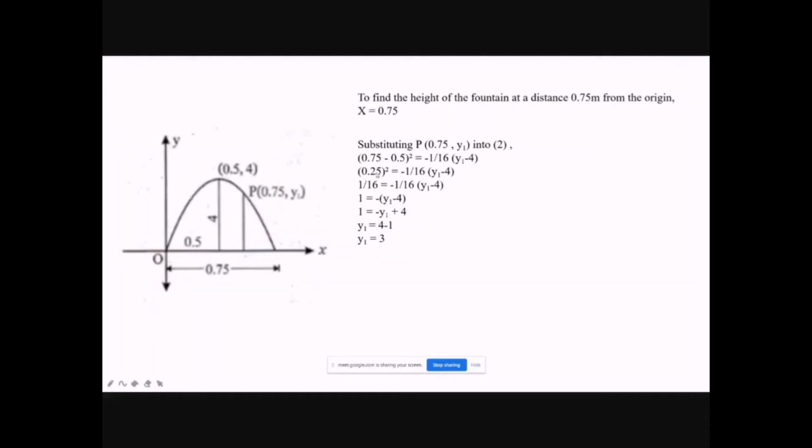After we calculate (0.25) square, it is 1 over 16, equal to negative 1 over 16 multiplied by (y1 minus 4). By dividing by 1 over 16, we will get 1 equals negative (y1 minus 4), and expanding, we will get negative y1 plus 4. So our y1 equals 3, where y1 is the y for the coordinate. So the height of the water fountain at a distance 0.75 meter from the origin is 3 meters.